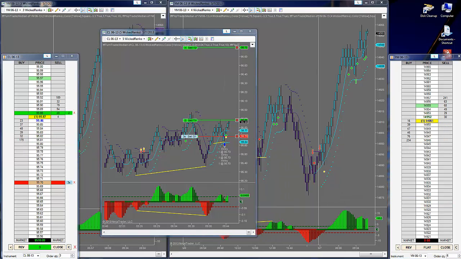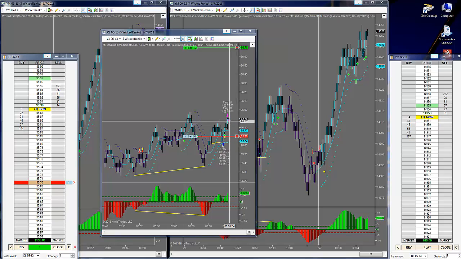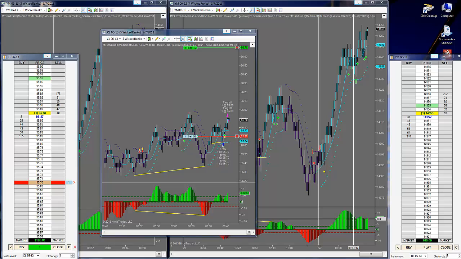And price is really struggling around here. A lot of outside in players, however, did get filled. Just got filled on our target, so now we're going to trail our way up. See if I can get one nice trade and be done. Can't take this trade here on the YM.